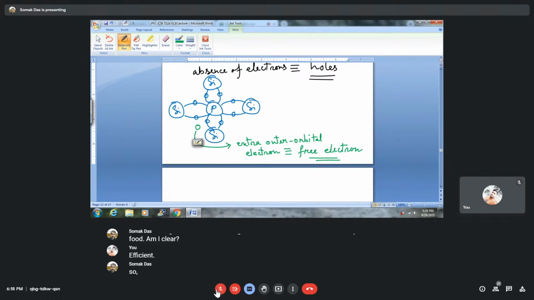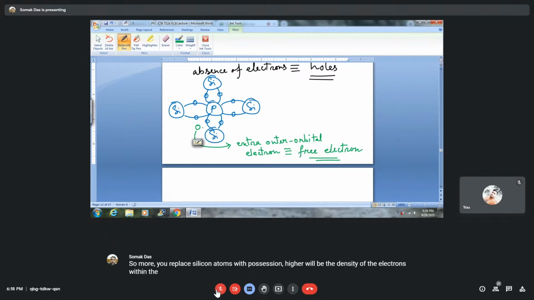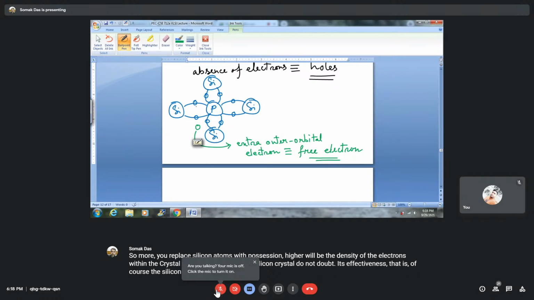The more you replace silicon atoms with phosphorus atoms, the higher will be the density of free electrons within the crystal. Mind it, the crystal is a silicon crystal. Do not doubt its effectiveness. So ultimately, the material is a semiconductor material, but it is not a pure semiconductor.